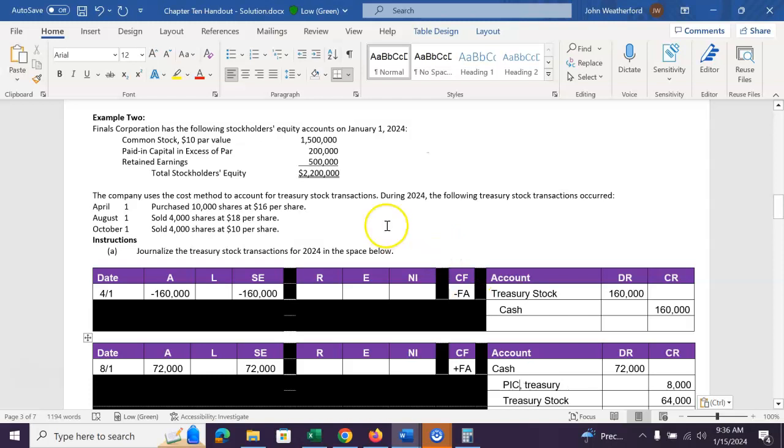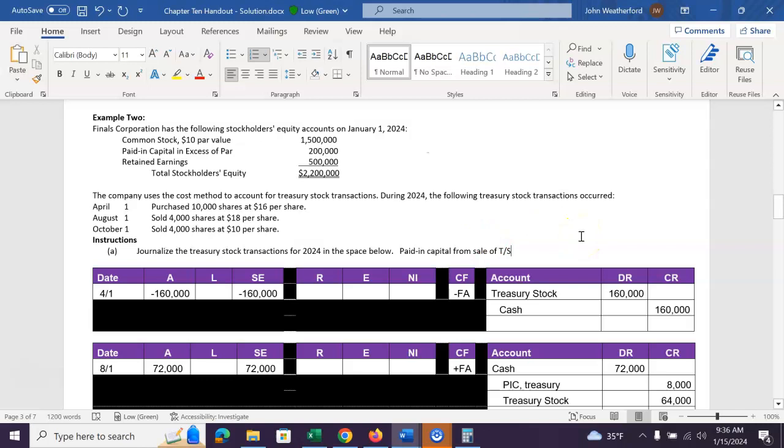So if you wanted to type it out, just so you're able to see it, not abbreviated, right? Paid-in capital, sale of treasury stock.